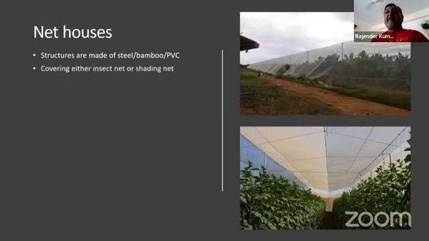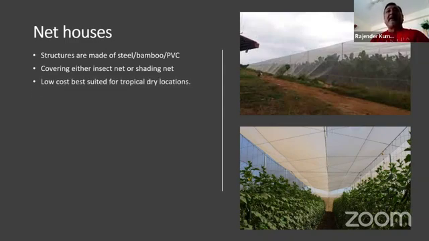And we cover them either with insect net, which we call 40 mesh or 50 mesh insect net, or shade net of varied types like 25%, 35%, 45%, 65%, up to 90%, depending upon which crop you are growing and where you are putting up the structure.